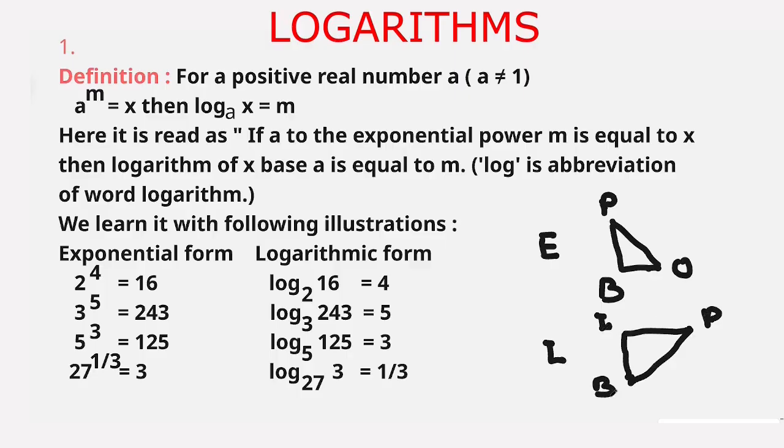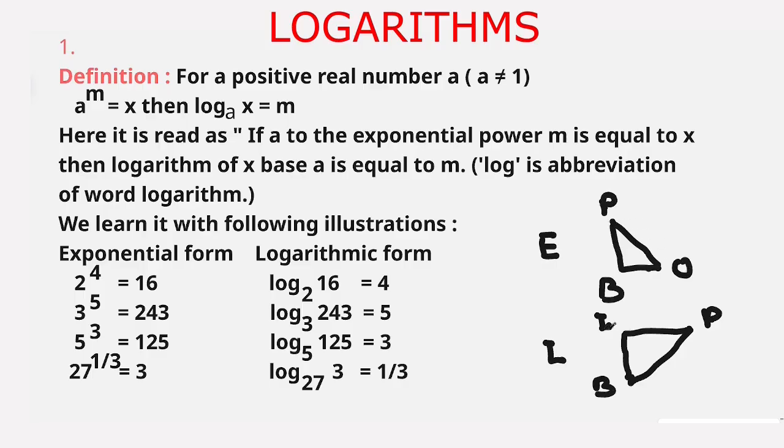In exponential form we read it as base to the power equal to outcome. Like base is 2, power is 4, outcome is 16. Base is 3, power is 5, outcome is 243.